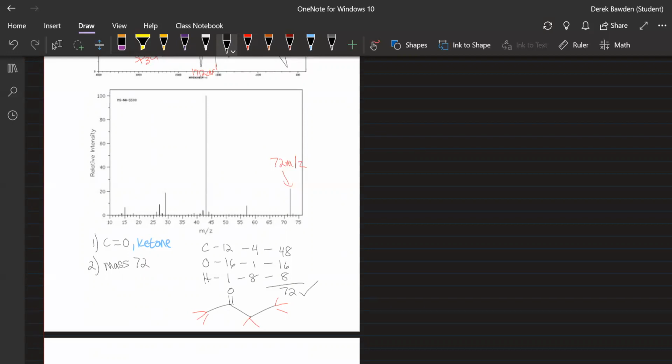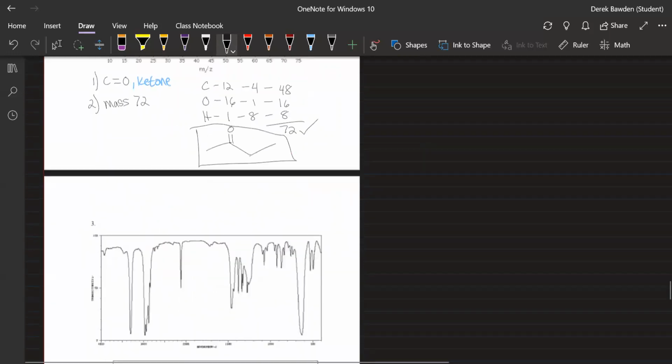So that checks out. So that is our molecule. Any questions on that one? Cool, let's carry on.